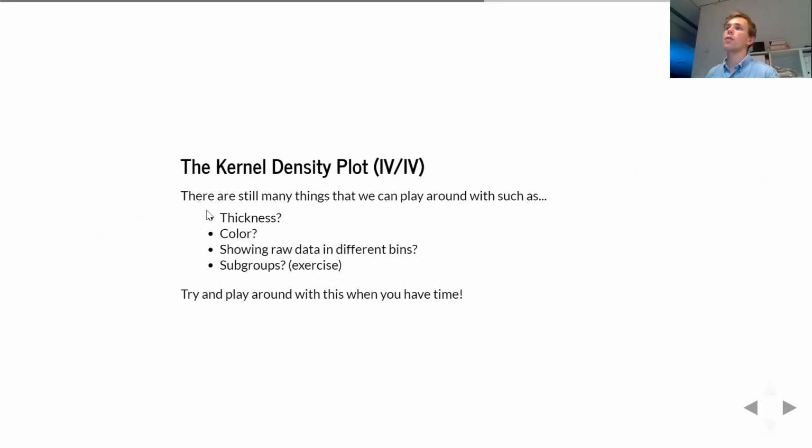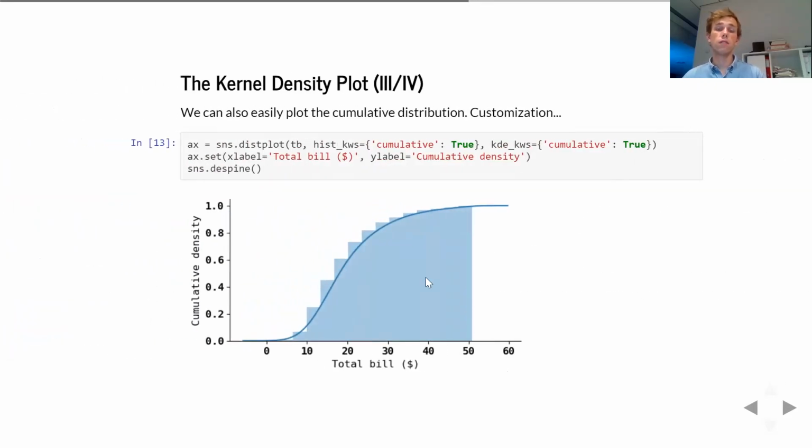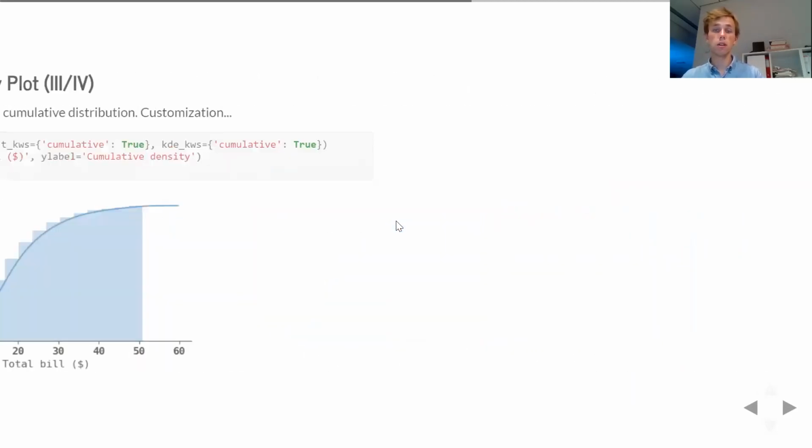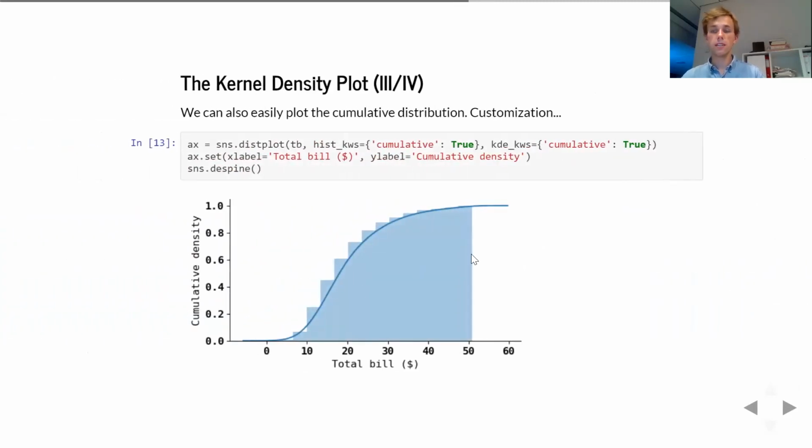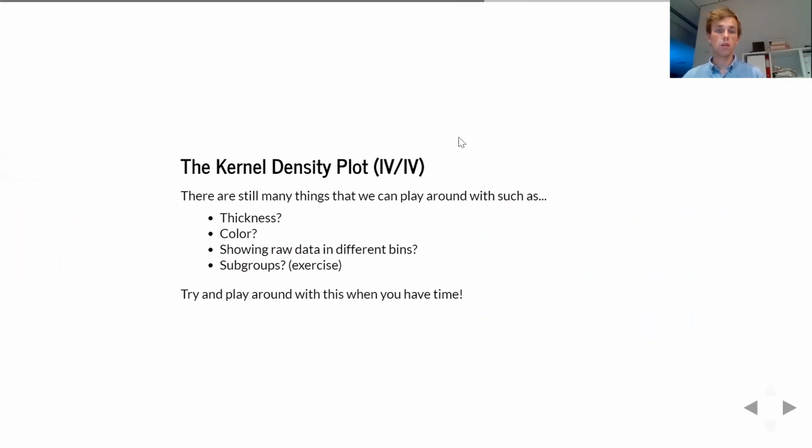Okay, so there are still other things that we could do about this plot, right? We could, for instance, change the color of our histogram in, say, the cumulative density plot, so that we have two different colors in these two plots. We could also use different bins to display our raw data in these histograms, or we could create plots based on subgroups in our data.